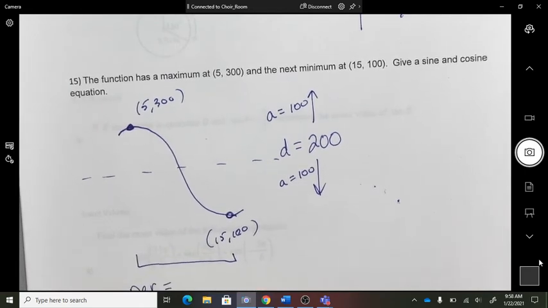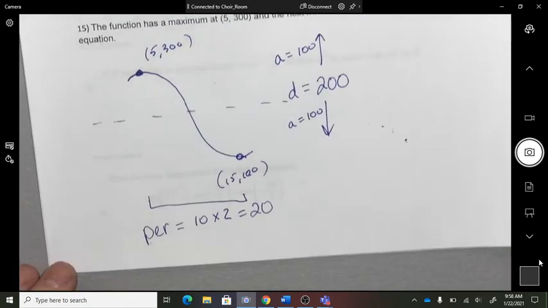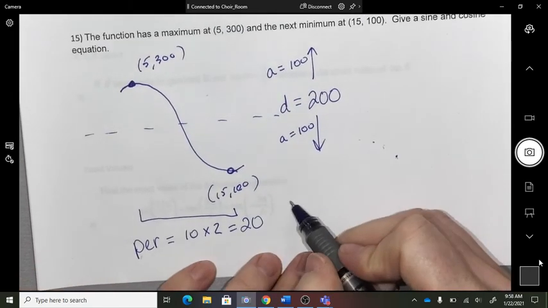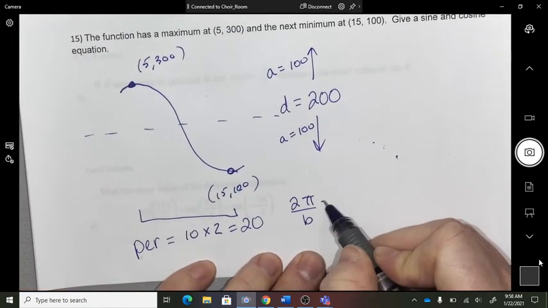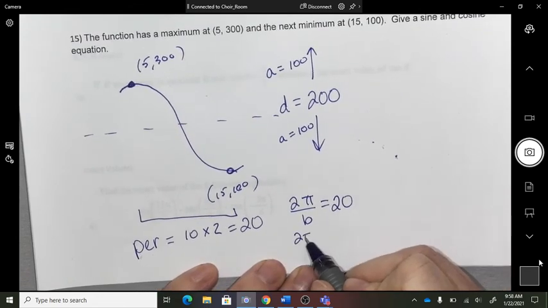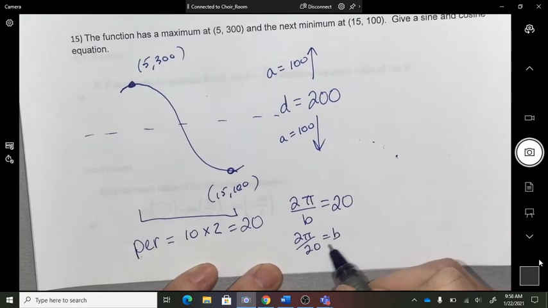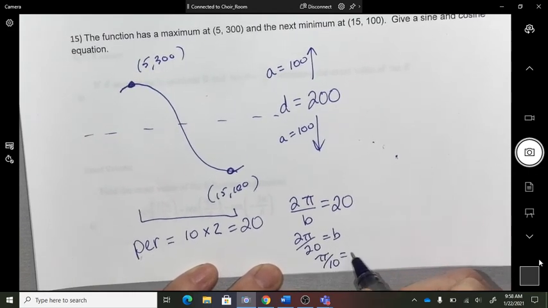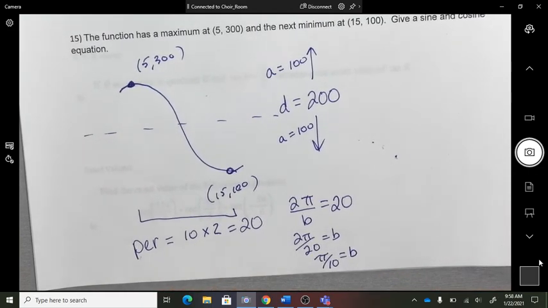My period, from 5 to 15, I went 10, but I have to double that because on my graph that is only a half of a cycle. So 2 pi over b equals 20. So I use that to get a b value.